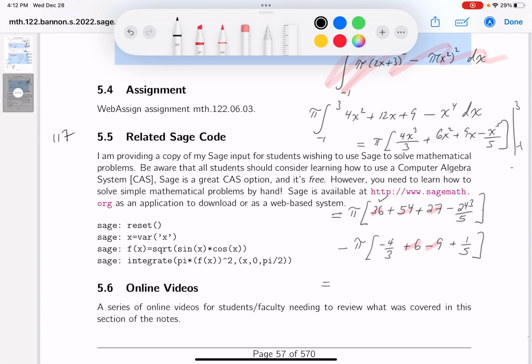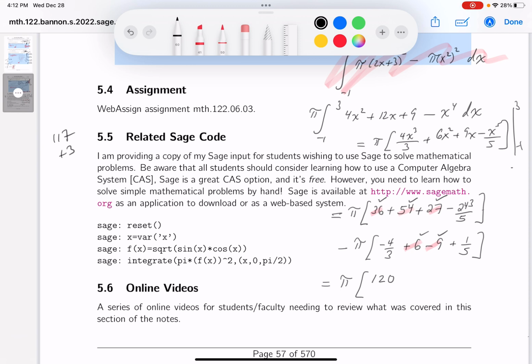Let me get that again. 36, 54, that's 90, 117. All right, 6 minus 9, that's minus 3, but minus a minus 3 is plus 3. So I'm going to write that down, pi, and we get 120. All right? That's not so bad.